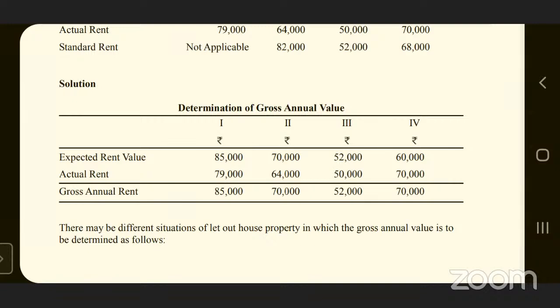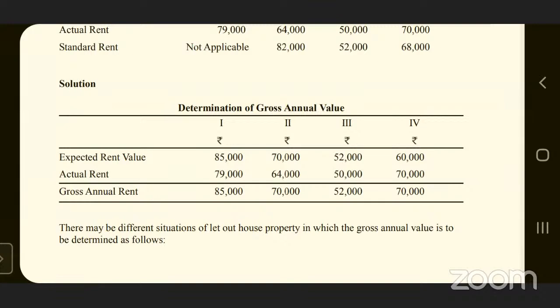Let us assume expected rental value is 75,000 and actual rent is 85,000. Just reverse it. In that situation also, gross annual rent will be 85,000, because it is the higher of expected rental value and actual rental value.